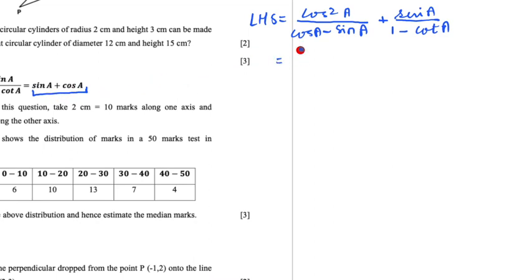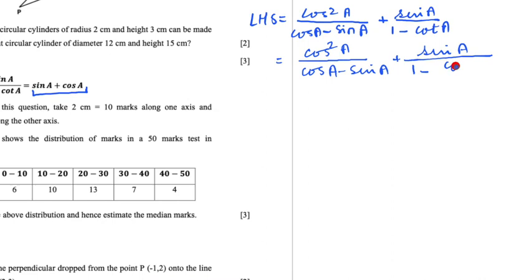Alright, so now left hand side, let us write cos square A as it is, and here cos A minus sin A, and plus this will be sin A, and upon, let us make this cot into 1 minus cos A upon sin A. Okay, now we will have cos square A here.